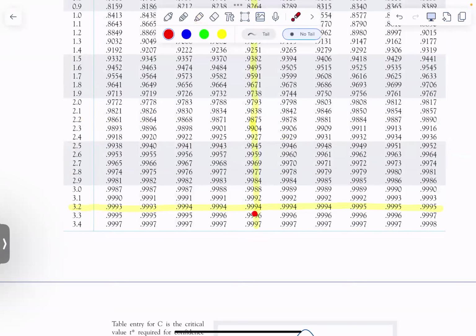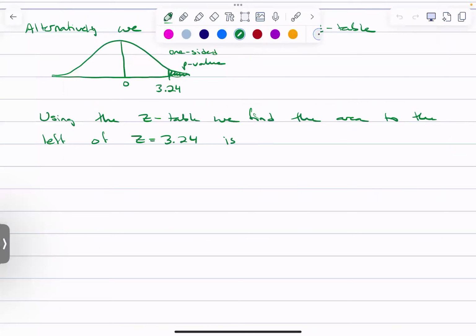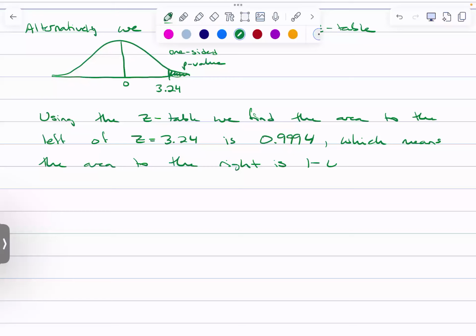I find 0.9994. Which means the area to the right is 1 minus 0.9994, which is 0.0006.